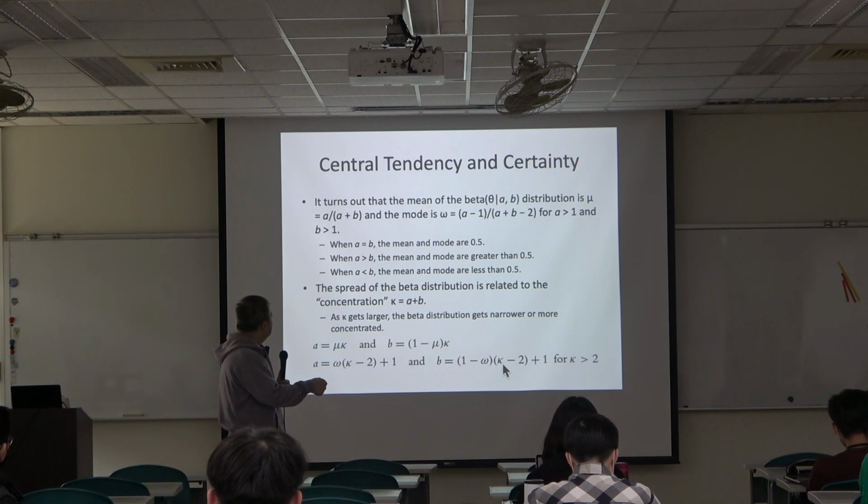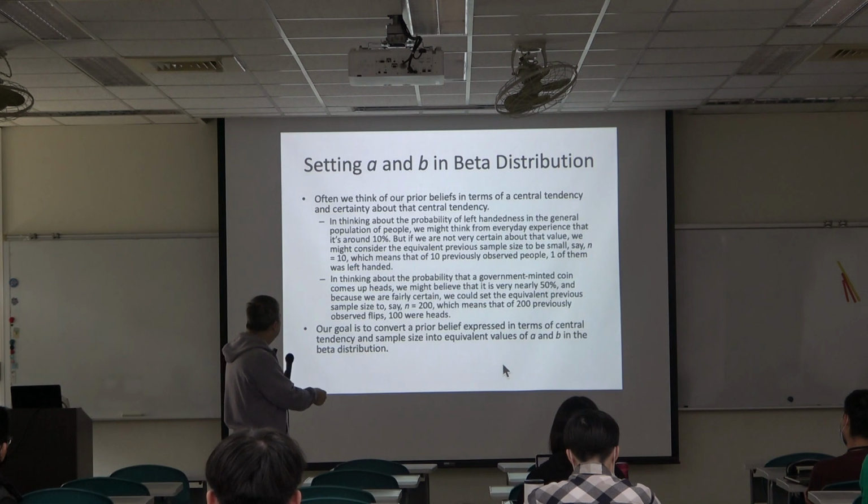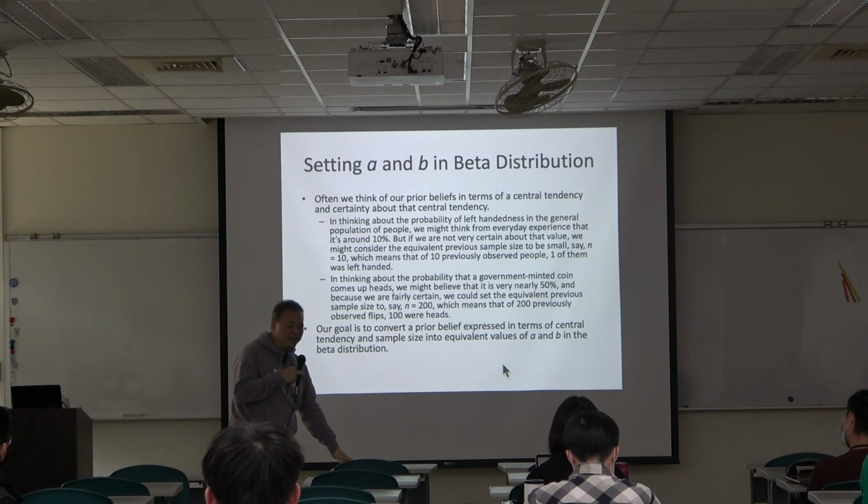For the beta distribution, mu is actually A divided by A plus B. So you can see that it is very reasonable to consider A is 1 and B is 9 in the first case, to describe a proportion of left-handed people, right?